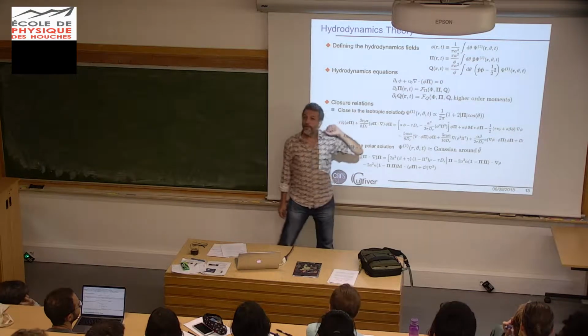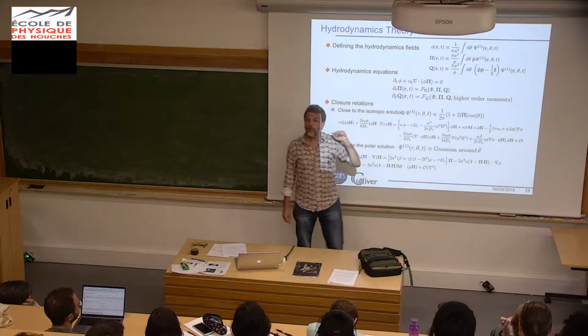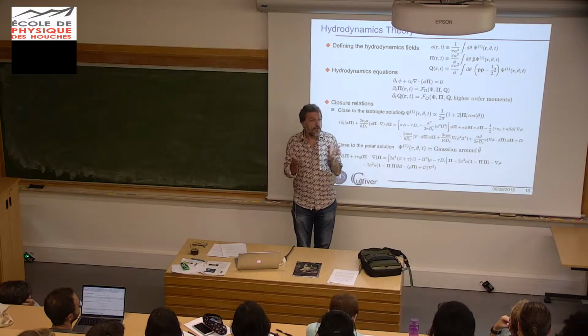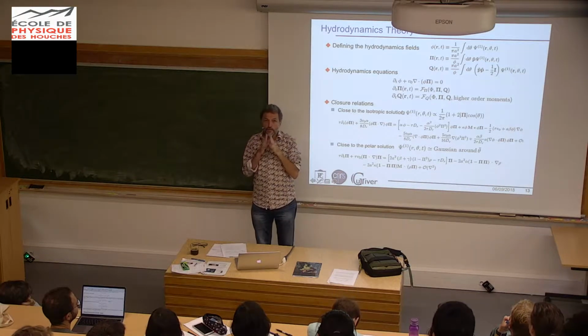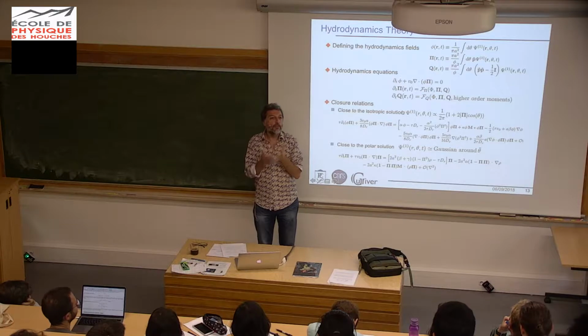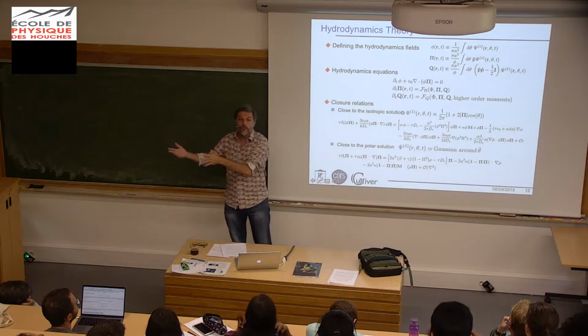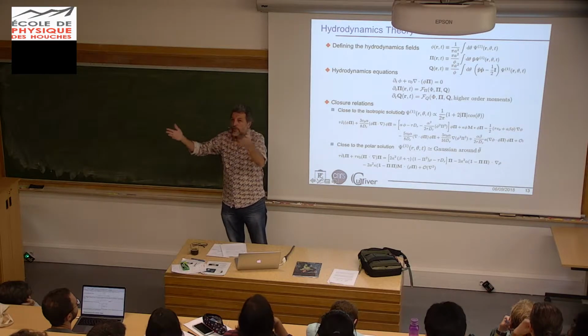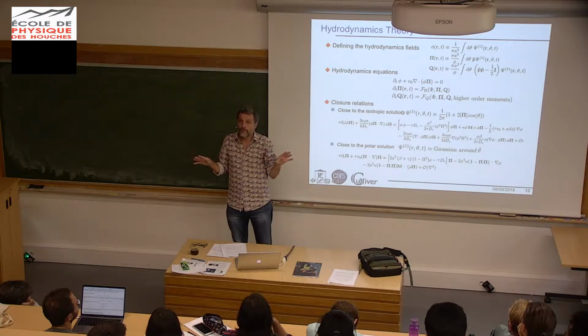Anyhow, one way of doing it, instead of making a closure on the moments of the distribution, is to make assumptions on the distribution itself. But if you do this, and this is important, you cannot make the same assumptions if you are close to the isotropic phase where all particles are moving in all directions, or if you are close to the polar phase where all particles are moving in the same direction. Obviously, the distribution of the angles will not look the same.